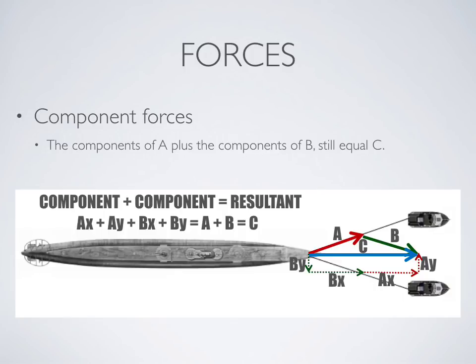So what we can say is that AX plus AY plus BX plus BY equals A plus B, which also equals C. You can see I have two graphical depictions here, one on the top of C, which is A plus B, and one on the bottom, which is BY, BX, AX, AY. You notice that the BY and the AY cancel each other out, right? They're both in the Y direction. One goes down a certain amount, the other one goes up that same amount back to the zero horizontal.